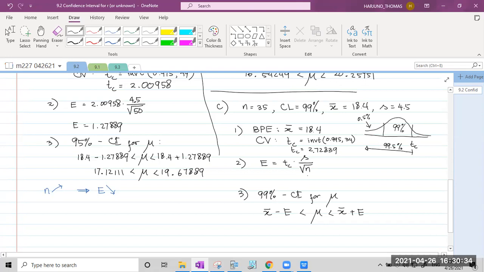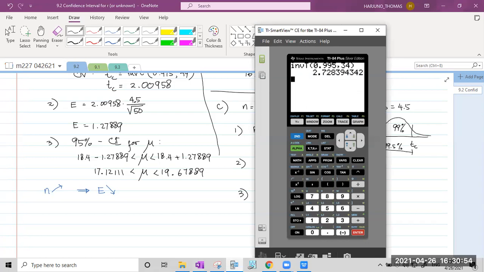That's the critical value, such that the margin of error will be the critical value times the sample standard deviation 4.5 over square root of the sample size 35.